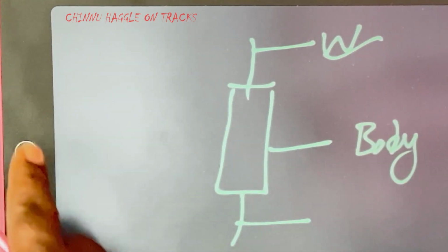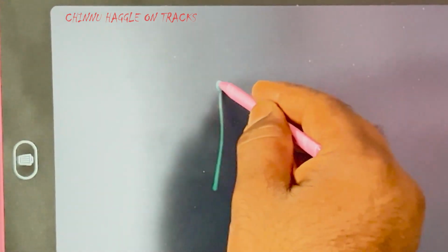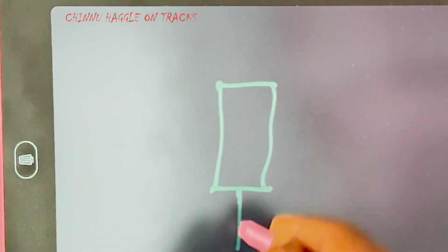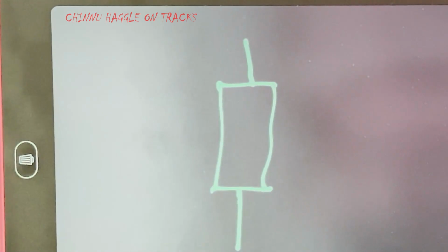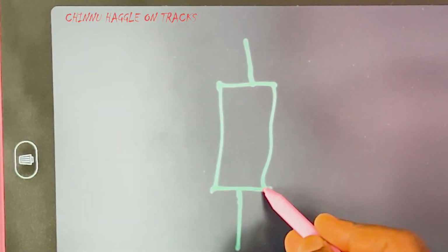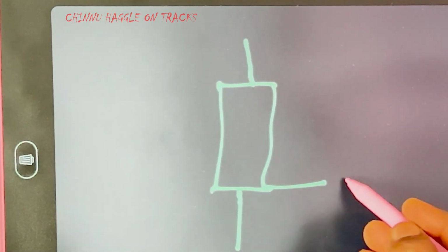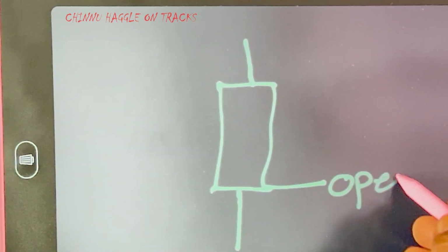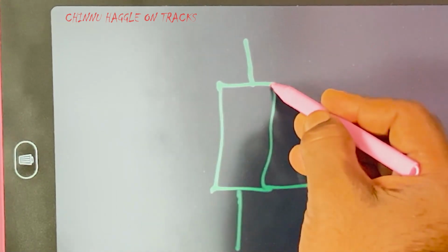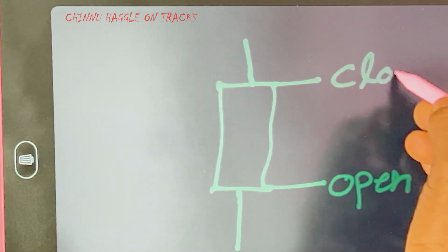To understand this particular shape, see, any candle, if you represent it as green, that is a buyer candle. In a buy candle, the open of the body, or start point of the body, is called open. The close point of the body is called close.